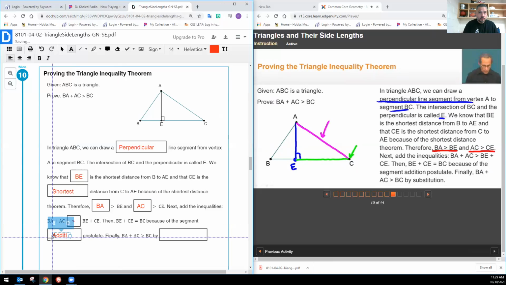Now, all I really want to do is simply add the inequalities. So if I add the inequalities, then BA plus AC is going to be greater than BE plus CE. Well, let's look at BE plus CE for a second. Here is BE, here is CE.